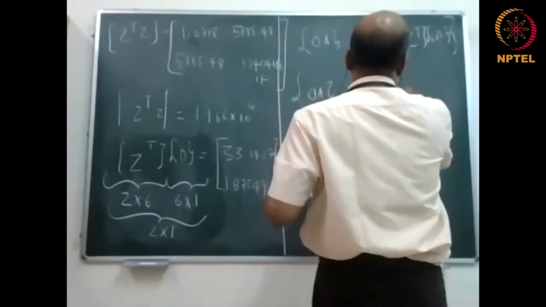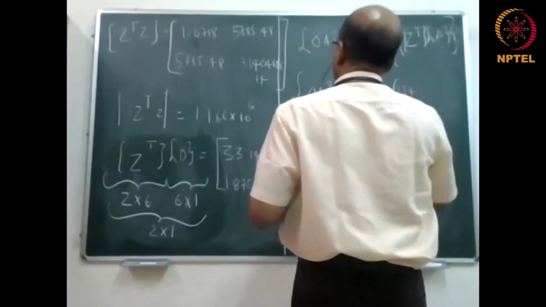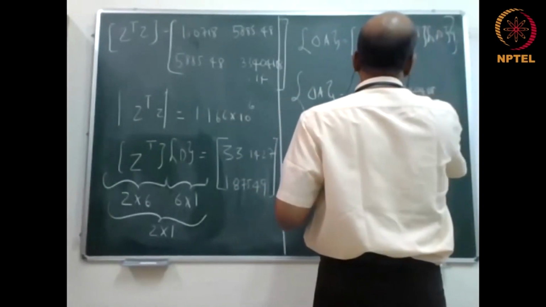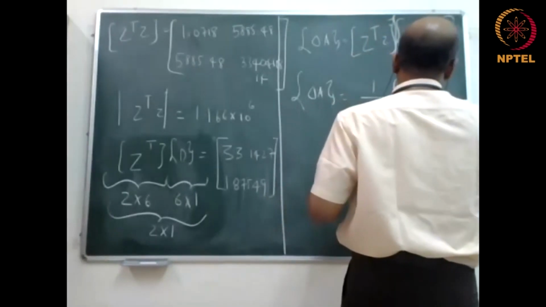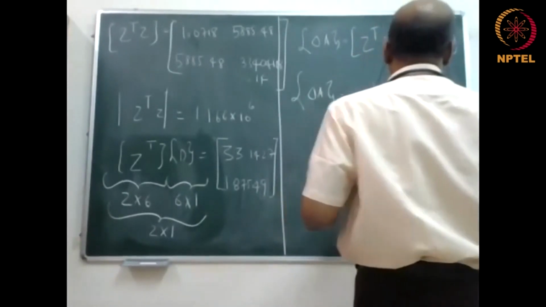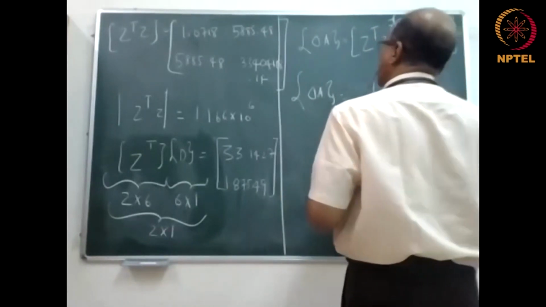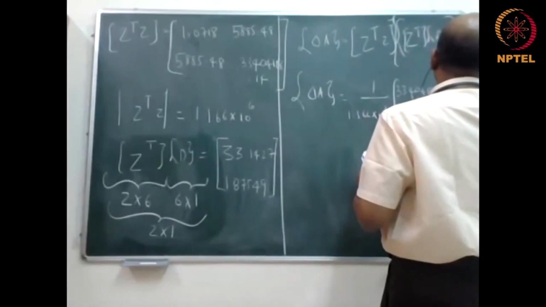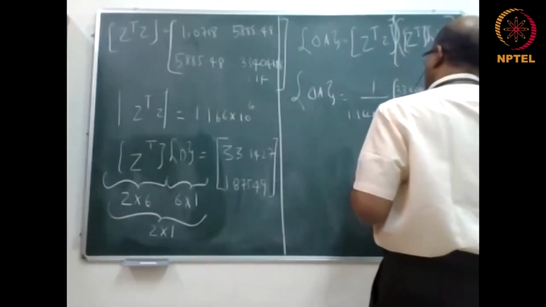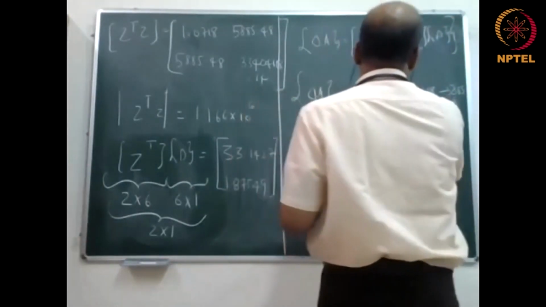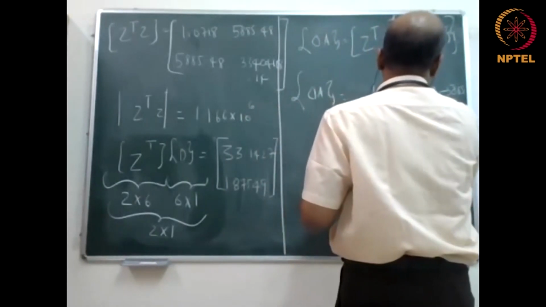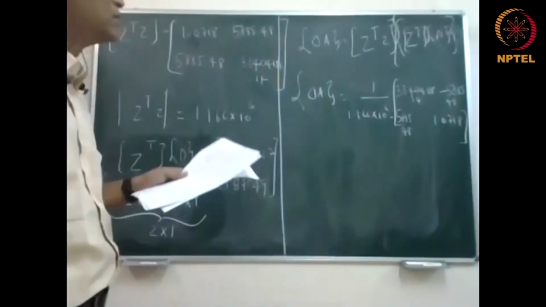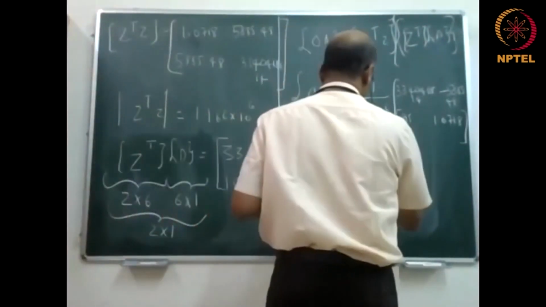So 3, minus, minus. Okay, so this is the inverse operating on.